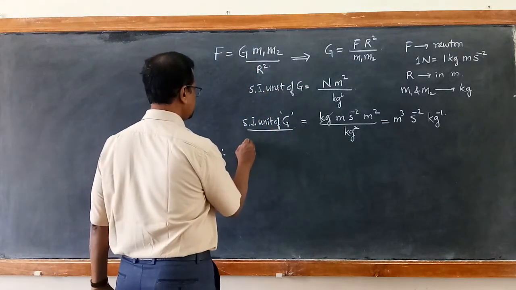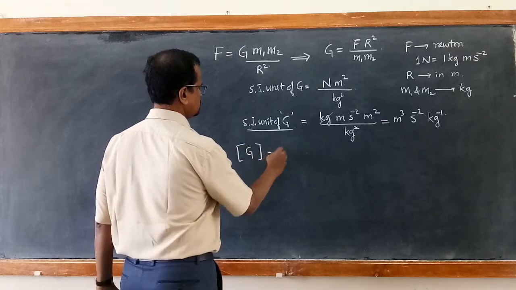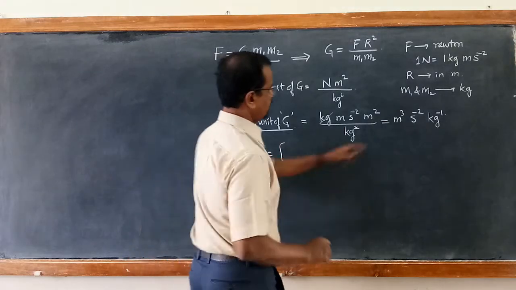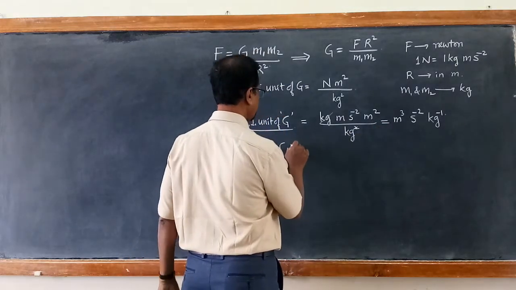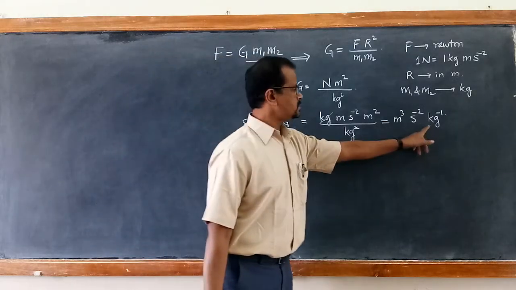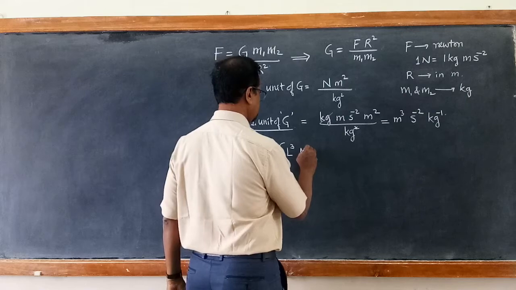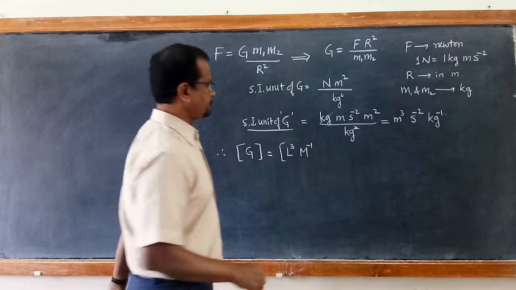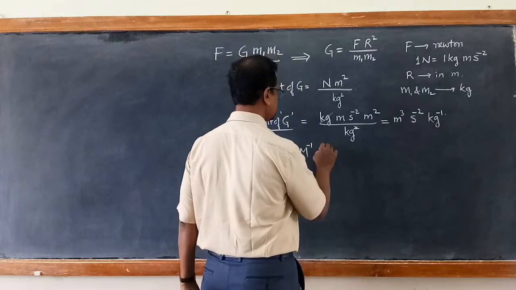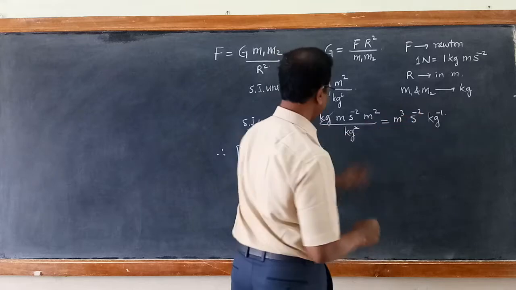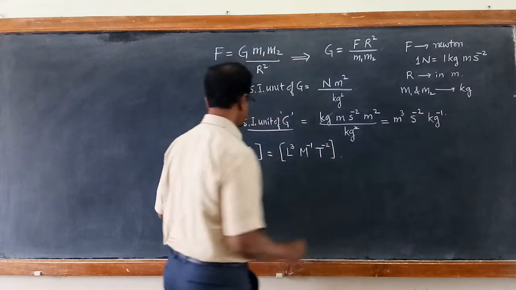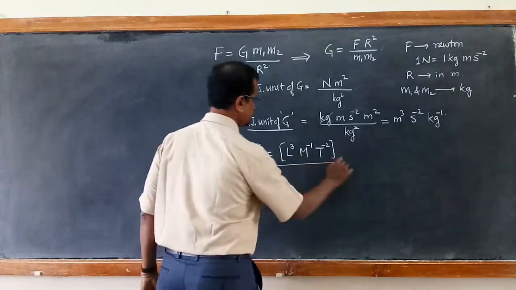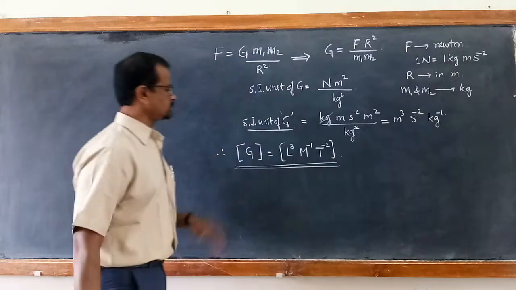Therefore, dimensions of G, this becomes the dimensional equation: L to the power 3, M raised to -1, where dimension of mass is capital M, and dimension of time is T to the power -2. So this is the dimensions of gravitational constant.